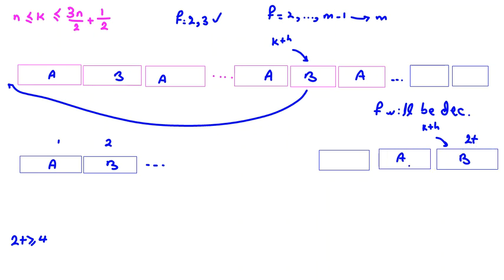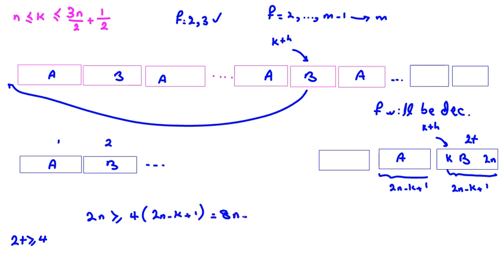So all of them should have length that reaches k. So we need this length from k to 2n for all of them. This length is 2n minus k plus 1. So the length of all of them should be at least 2n minus k plus 1. How many blocks are there? At least 4. So 2n will be at least 4 times (2n minus k plus 1).